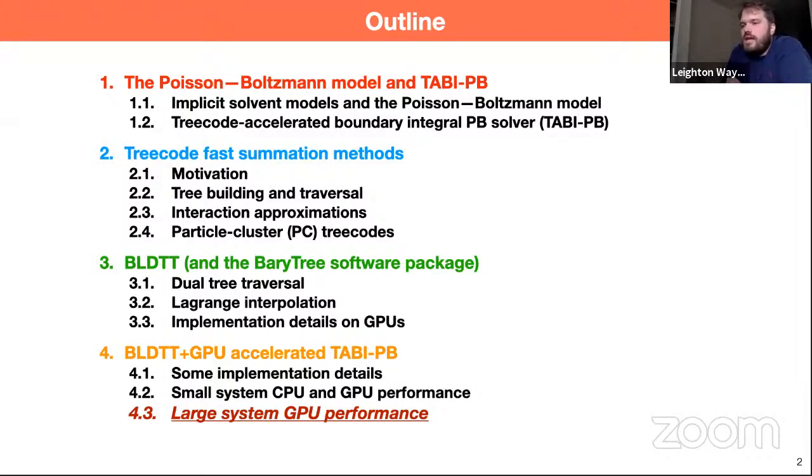And then a new fascination method that was really the biggest part of my graduate work, this BLDTT, Barycentric-Lagrange dual tree traversal method, which is a new type of fascination method. Essentially, we took this work and then plugged it into where we needed tree codes in TABI-PB, and we get this BLDTT and GPU accelerated TABI-PB.